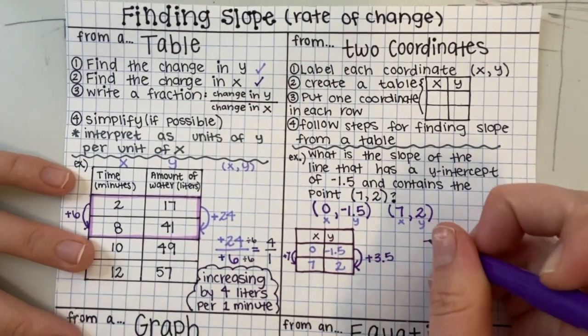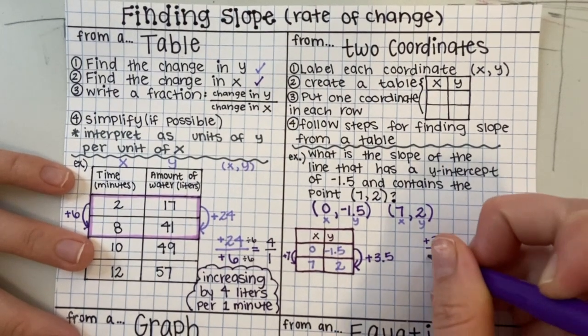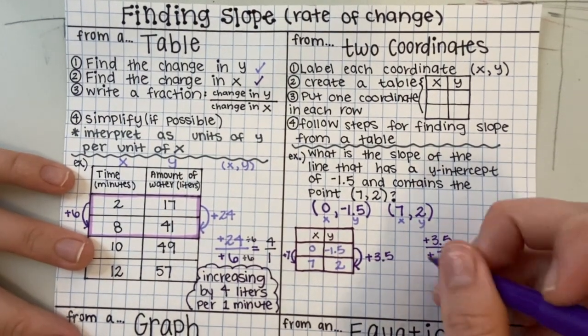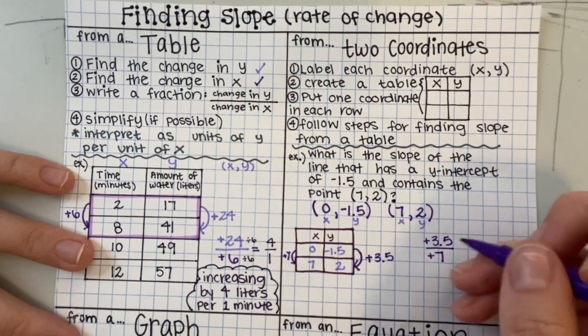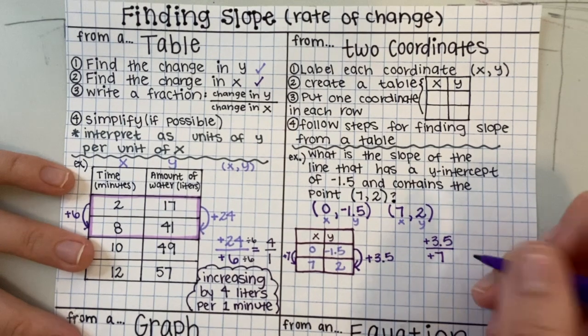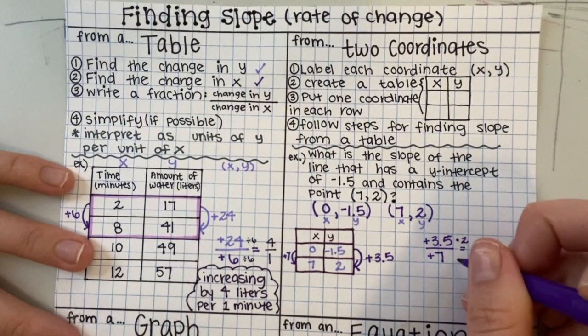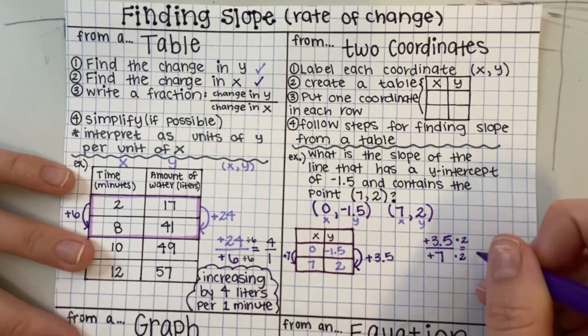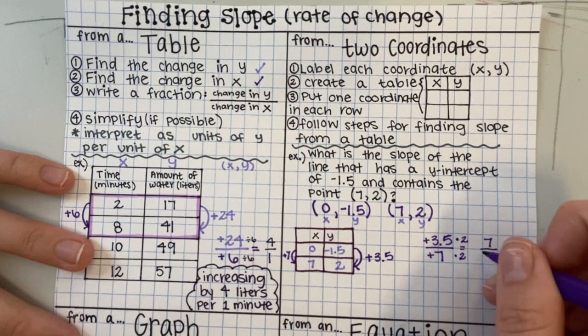We're going to write it as our change in Y over our change in X. I don't like when my slope has a decimal in it because it's already a fraction. So when we're simplifying this one, we're actually going to just multiply by 2 so that we do not have a decimal.